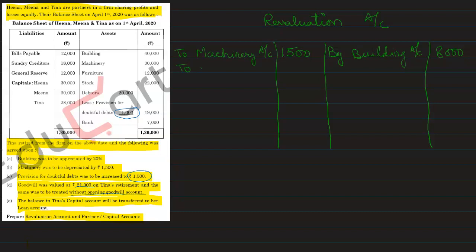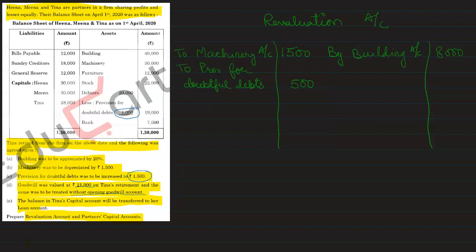So I am writing to provision for doubtful debts because the provision for doubtful debts has been shown in the balance sheet. Increased to 1,500, that means the change of amount is only 500. So these are only the three effects on the assets. The increase in assets is of 8,000. The decrease in assets is of 2,000. That means we are in profit.